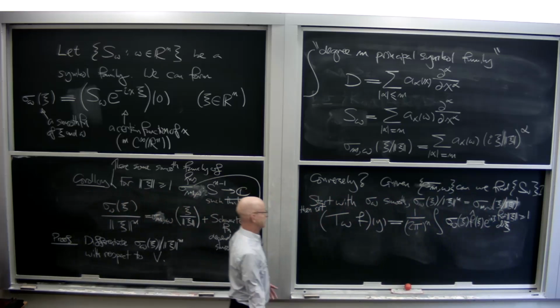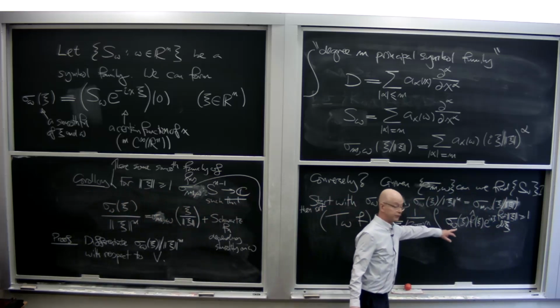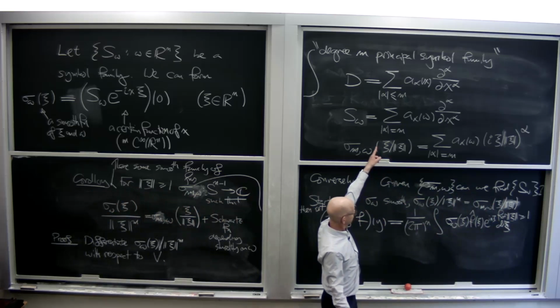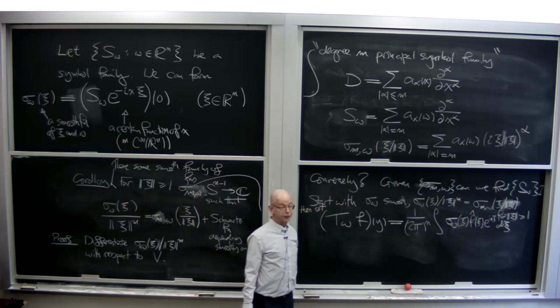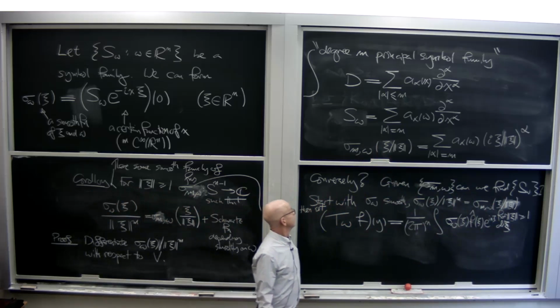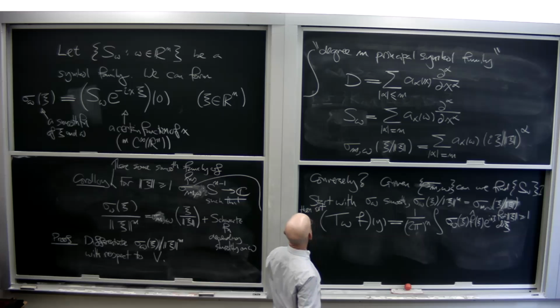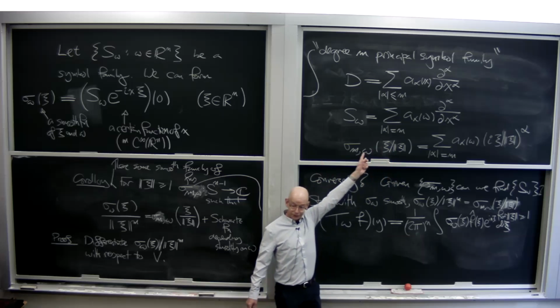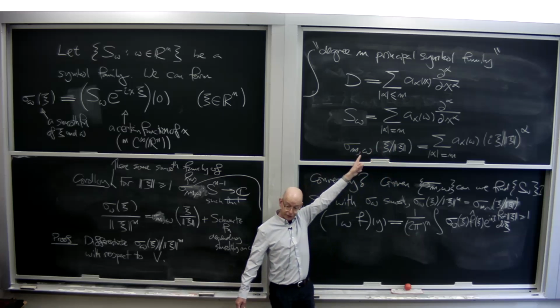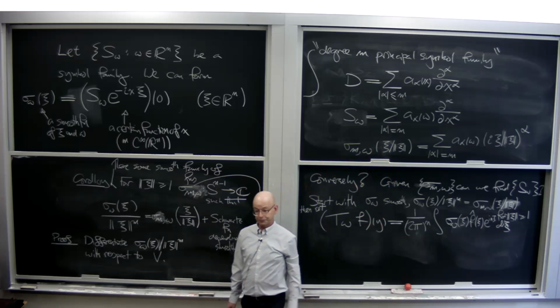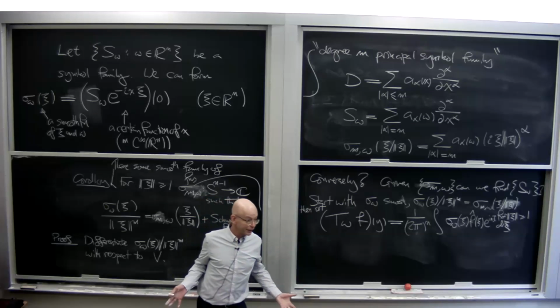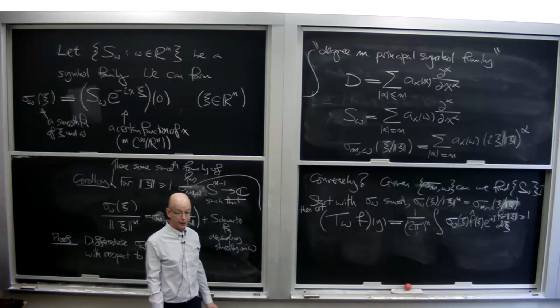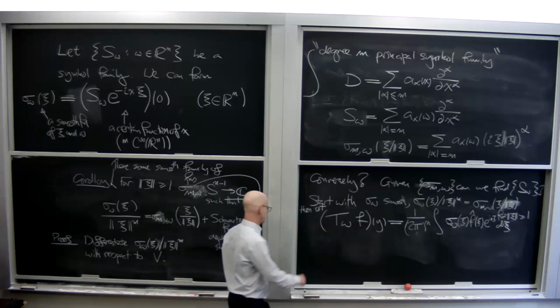For example, in the case of a polynomial function, we know for sure that this gives us a differential operator. This reconstructs D, except for the lower order terms. It reconstructs the top order part of D just from the function. So we know we're on the right track. It's doing more or less the right thing. Okay.